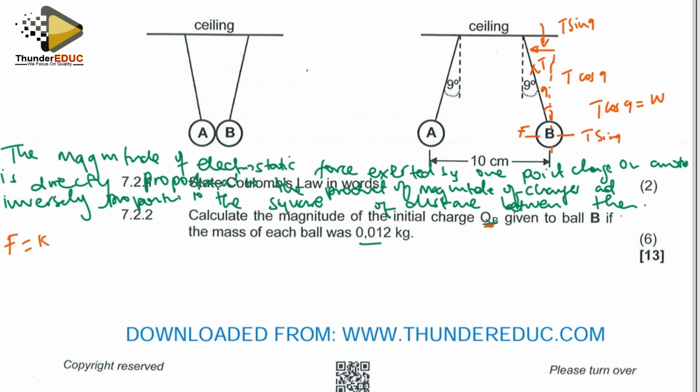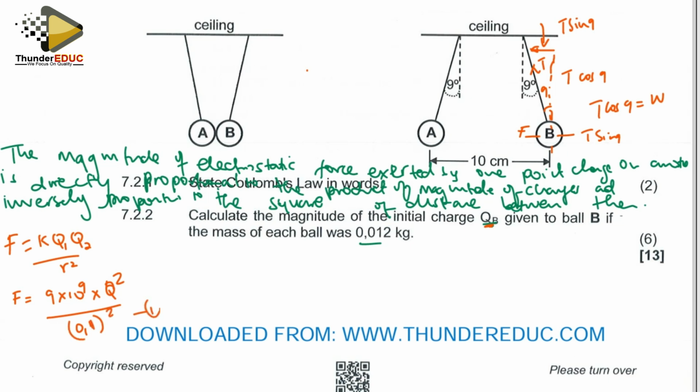Okay, so we know that it's F equals K Q1 Q2 over R squared. The force is what we need. Okay, that's 9 times 10 to the 9. And then I'm going to multiply it by Q squared, since both are having the same magnitude of charge. Then I'll change this to meters, which is 0.1 squared.